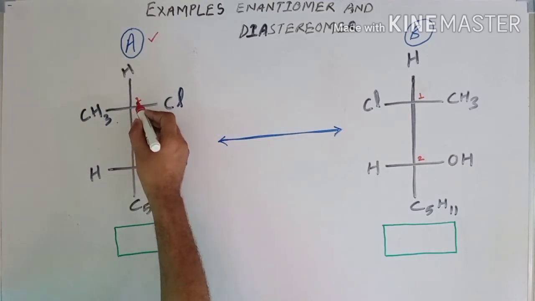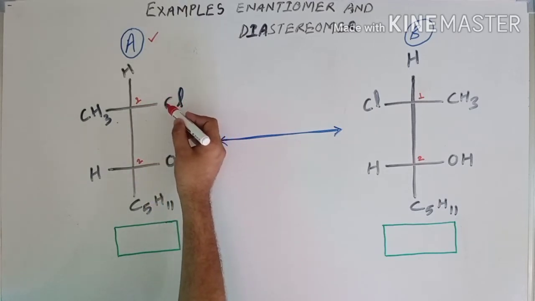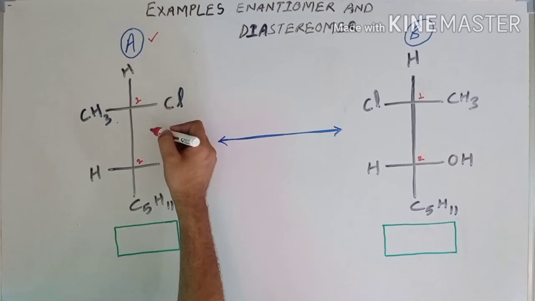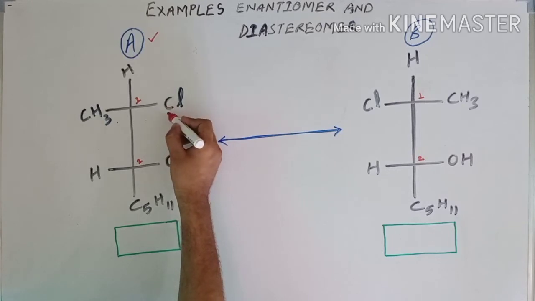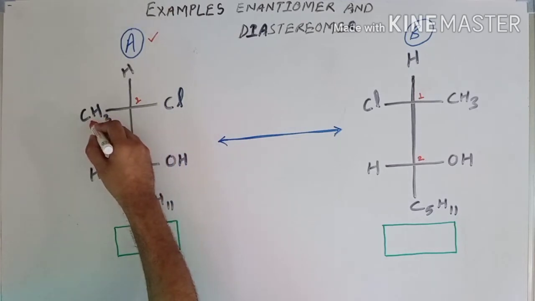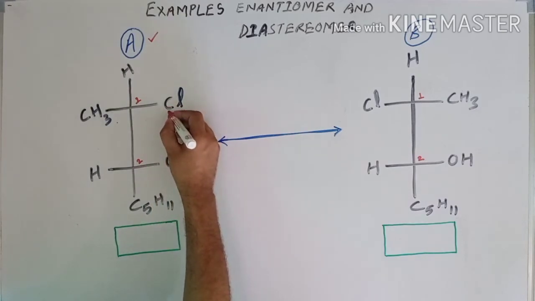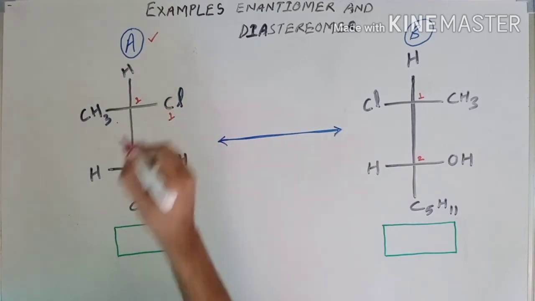In this molecule, the chiral carbon has 4 different atoms attached to it. First one is your chlorine, here carbon, here again carbon, and here hydrogen. Chlorine has the highest atomic number, so first priority is given to chlorine.